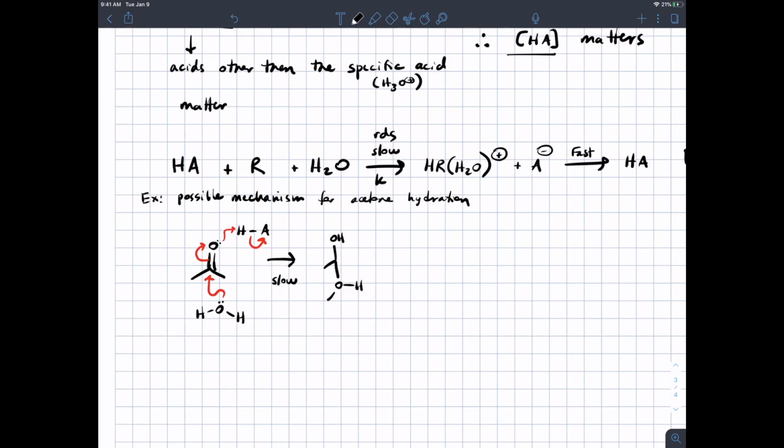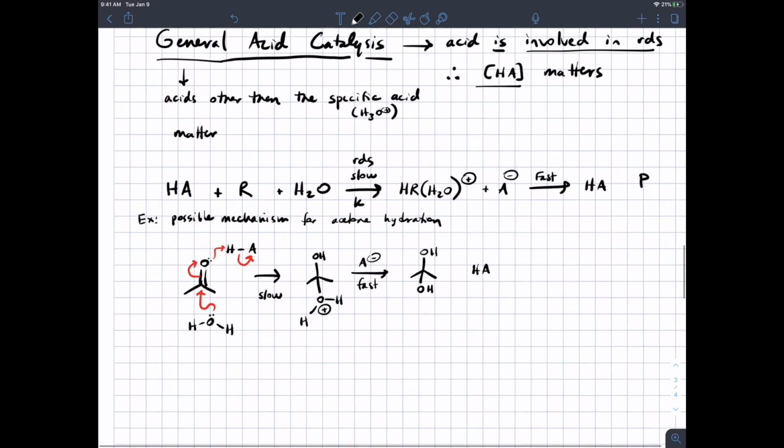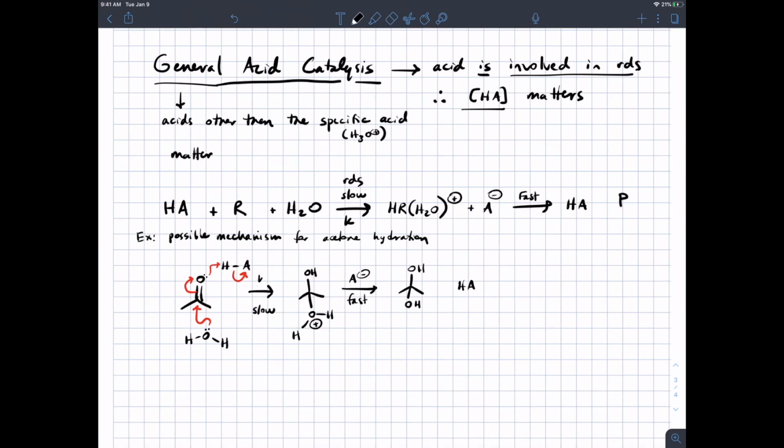You end up with this protonated hydration product, and then in a second step that is fast, the conjugate base of your acid removes a proton from the oxonium ion, and you regenerate your acid. So this is an example of the acid involved in the rate determining step.